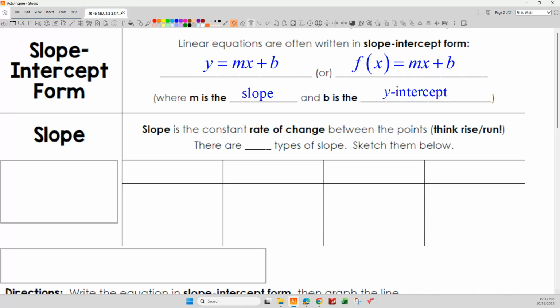If I want to pick a specific line out of all the infinite possibilities, well, really all I have to do is dial in a specific number for m and a specific number for b. We call those parameters in math, which means they're special numbers that by choosing them we get to change the equation. If I pick specific values for m and b, I'm going to specify one single line out of all the infinite possibilities.